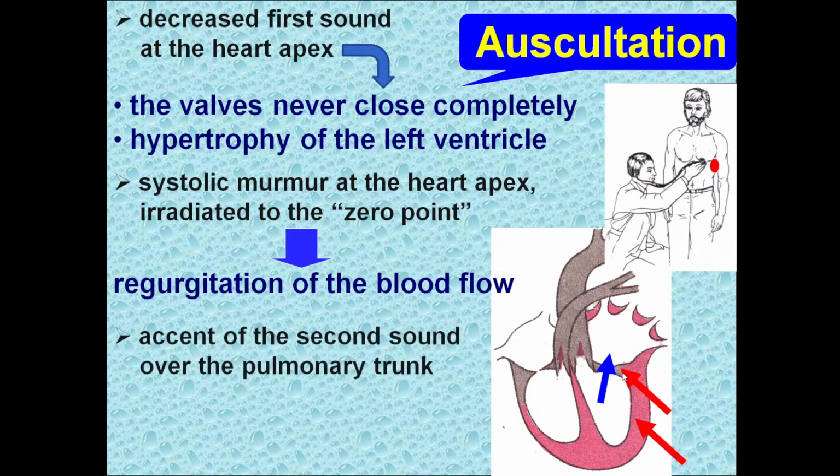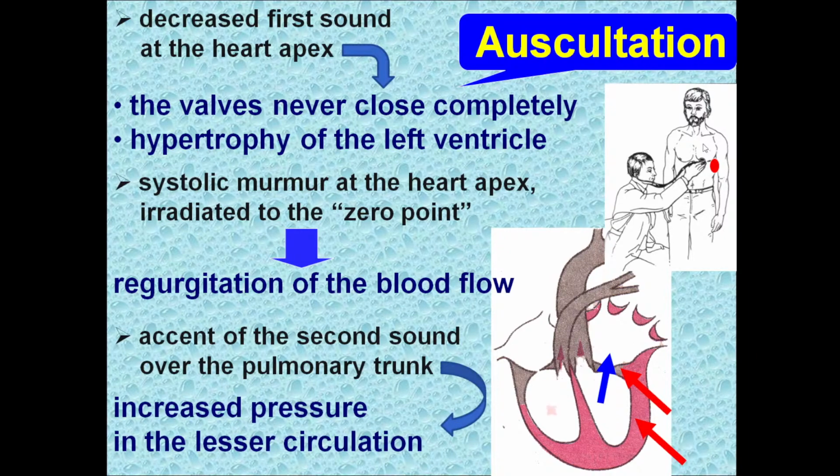And over the heart base we will hear an accent of the second sound over the pulmonary trunk, to the left of the sternum, due to increased pressure in the lesser circulation. And I'll again pay your attention: the main sign of mitral regurgitation is a systolic murmur over the heart apex which radiates to the axilla.